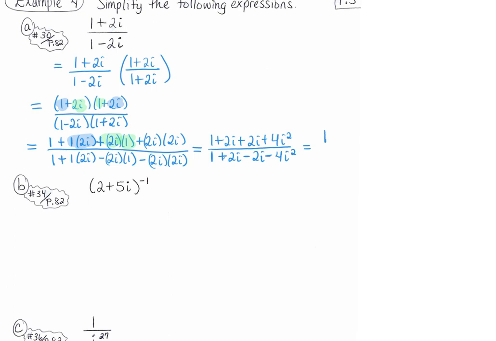This becomes 1 plus what? 4i. Good, because we're combining like terms at this point. So you get 1 plus 4i plus 4 times what? -1, good. Because i squared is -1. What happens in our denominator?